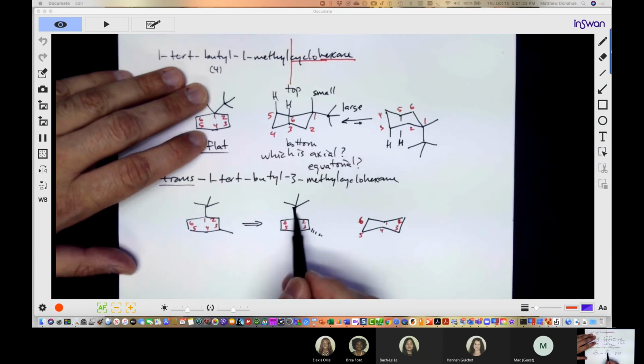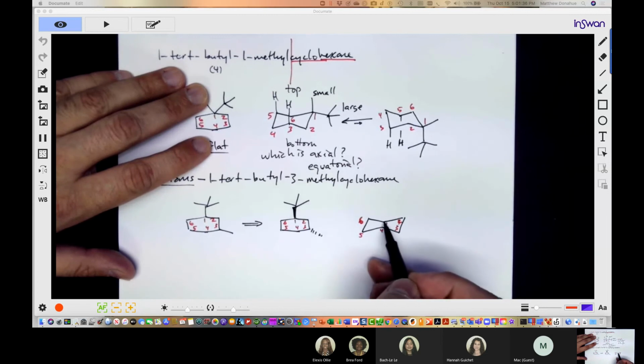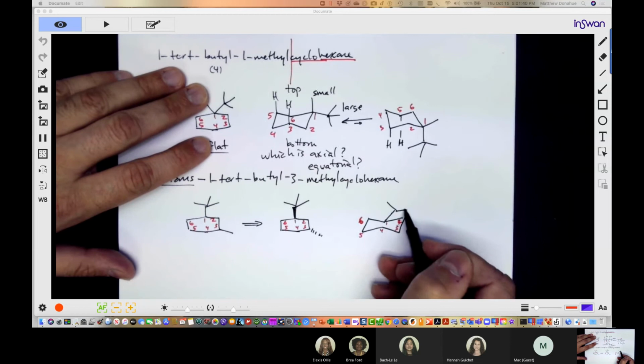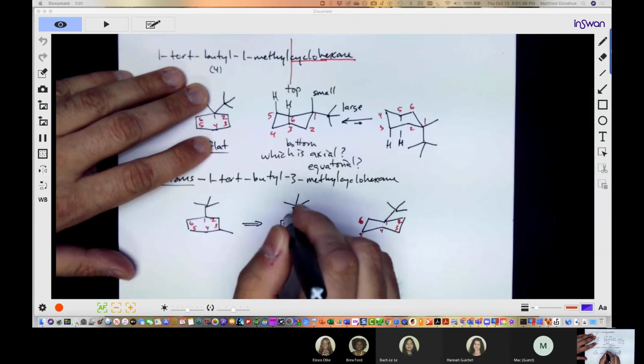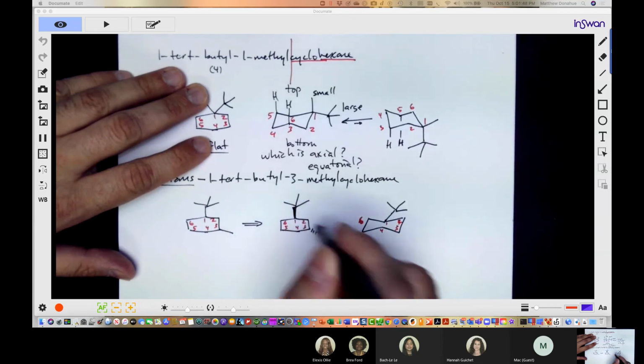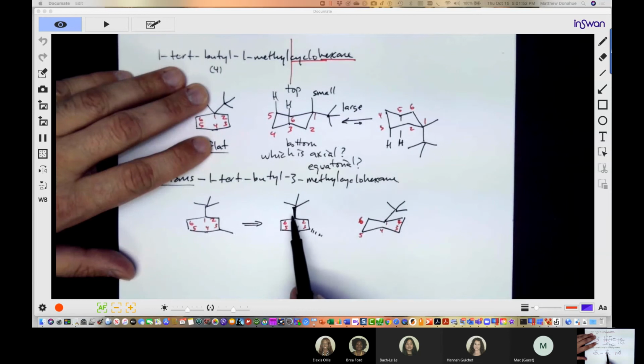We know that tert-butyl is large, so we want to make it equatorial. So converting this, that group is up. If at position 1 it's going to be equatorial, it's going to be up. Does everyone see that? Your eyeball is looking this way, that group is up. When you look at the chair, you're sort of looking side on.